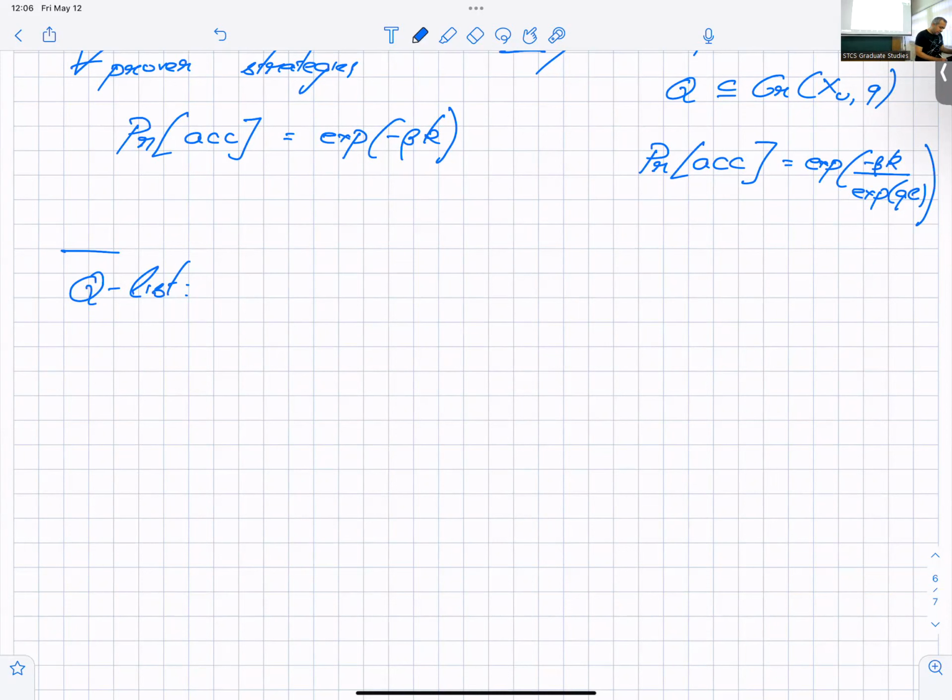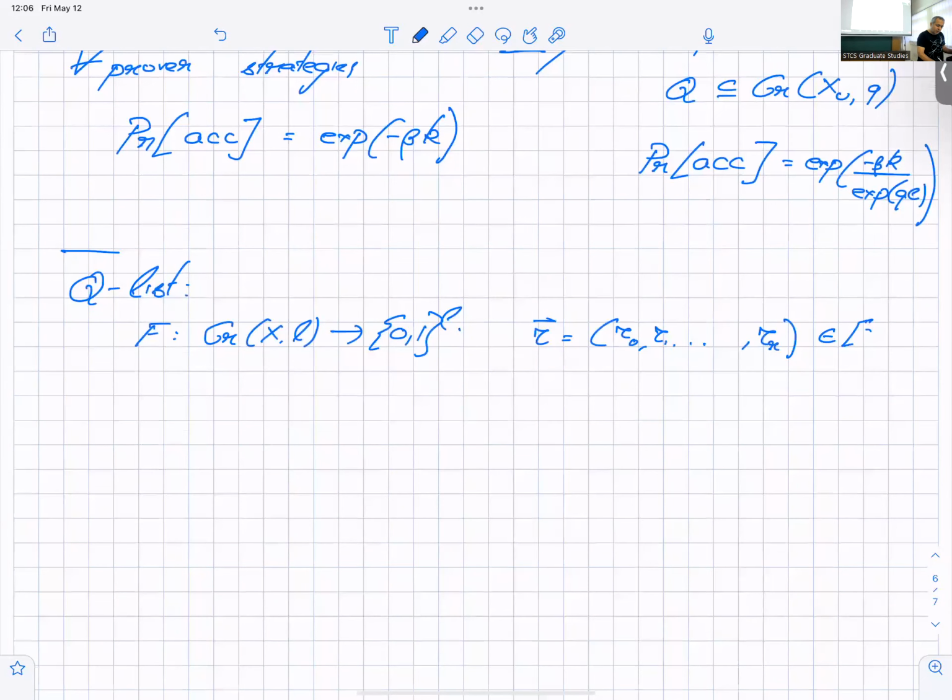So F is as before, a Grassmannian on X_L to {0,1}^L. And tau prime is a vector, which is basically tau_0, tau_1, ..., tau_r. These are things in [0,1]^(r+1).